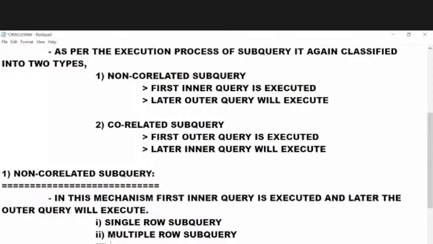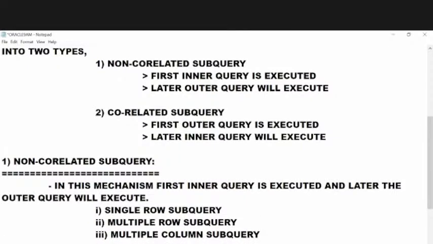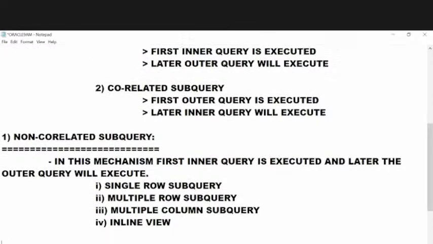The third one is called a multiple column subquery. The fourth one is called an inline view subquery.